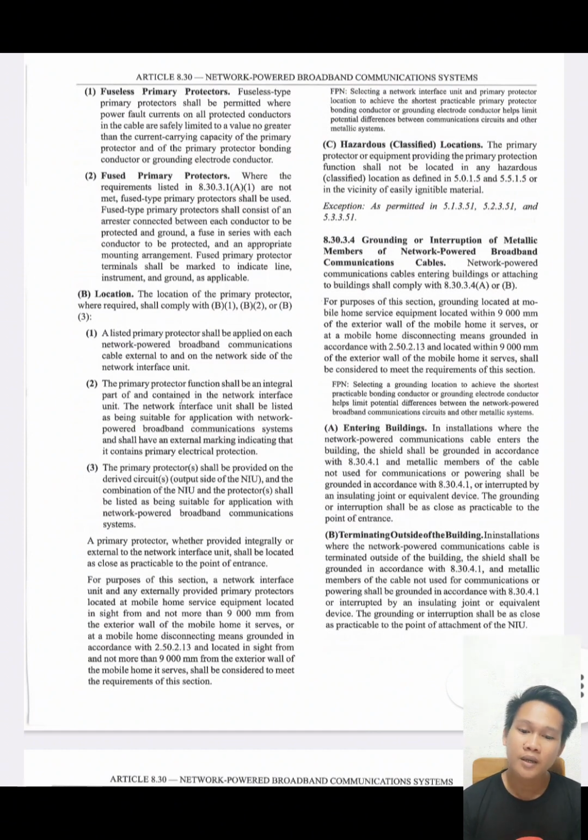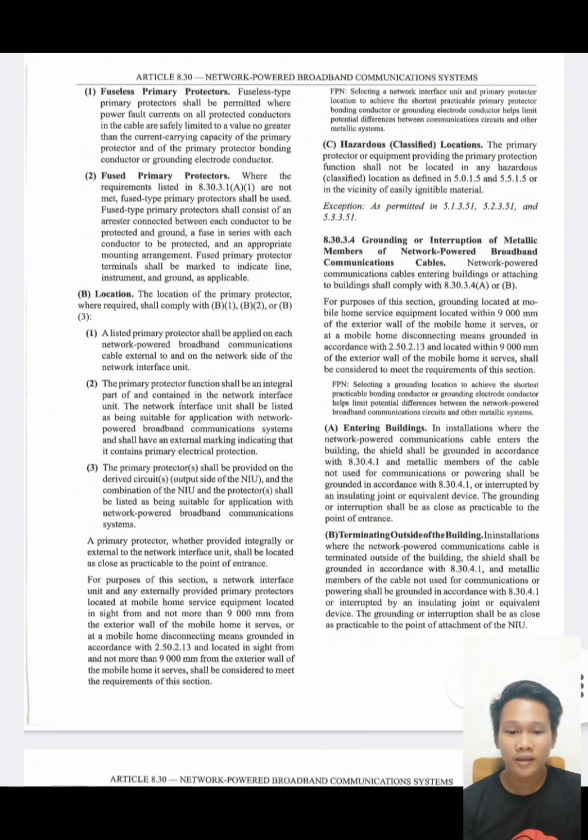Third, primary protectors shall be provided on the derived circuits or output outside of the NIU. The combination of the NIU and the protector shall be listed as being suitable for application with network-powered broadband communication system.